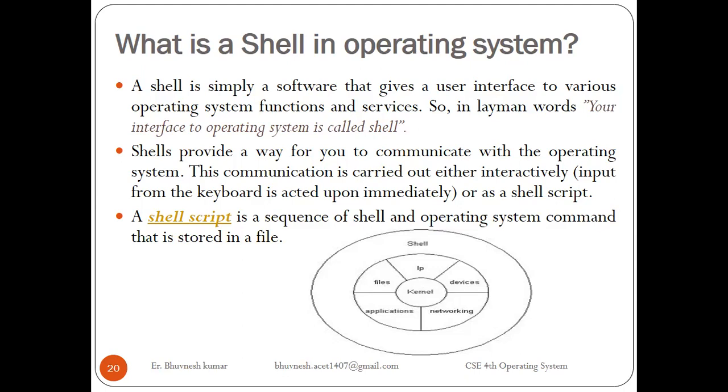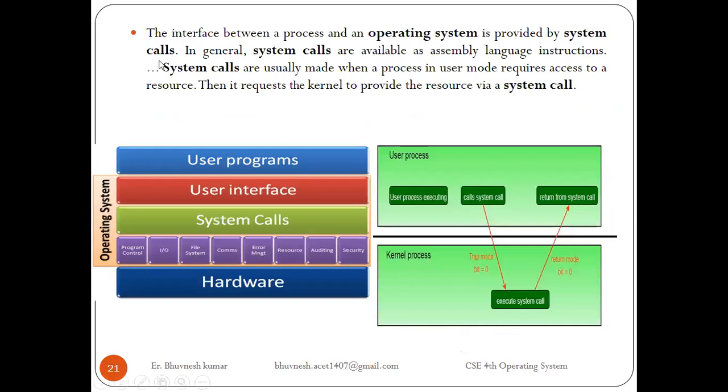Next concept in your operating system is the system call. The word is written here, system call. What are they? The interface between a process and an operating system. The interface between a process and operating system is provided by your system call.